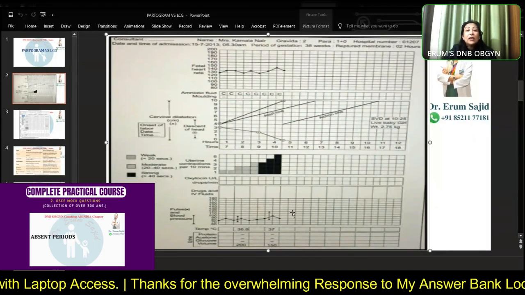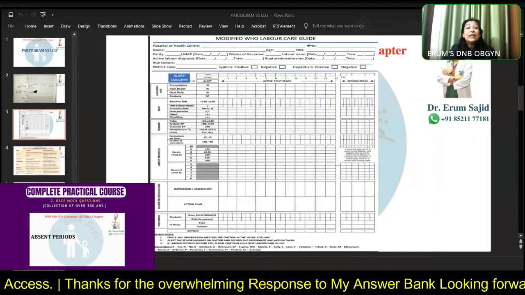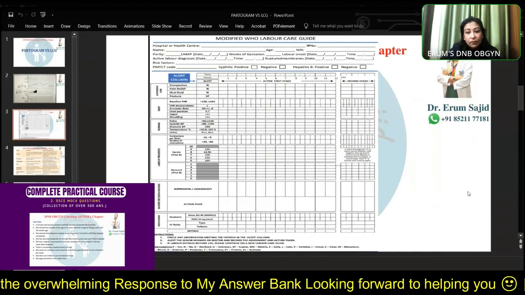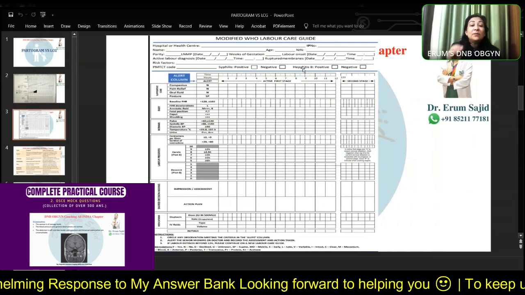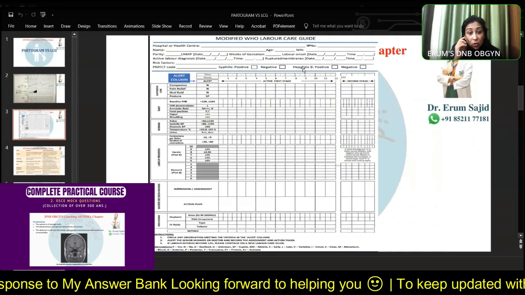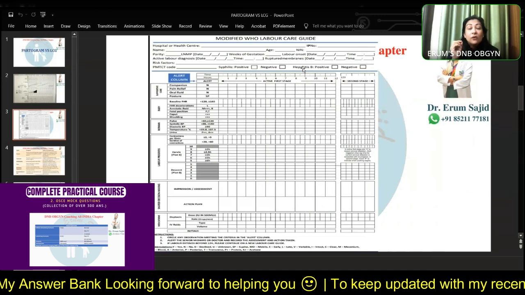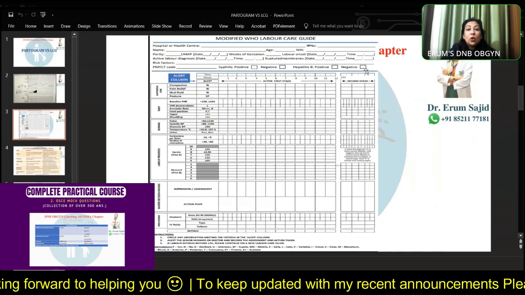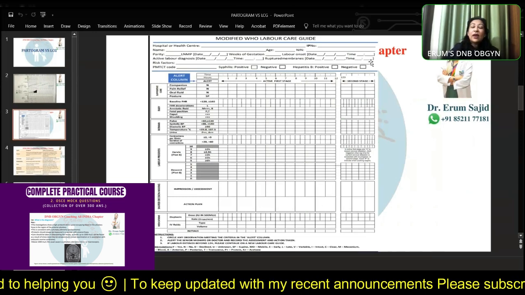Now let's jump on the labor care guide and talk about it in detail, what labor care guide actually is. So the first column, now please be patient with me. I'll go slow and I'll go one by one to make you understand what is the significance. See, the first column is the one in which you will talk about the patient. Okay, you will write down everything.